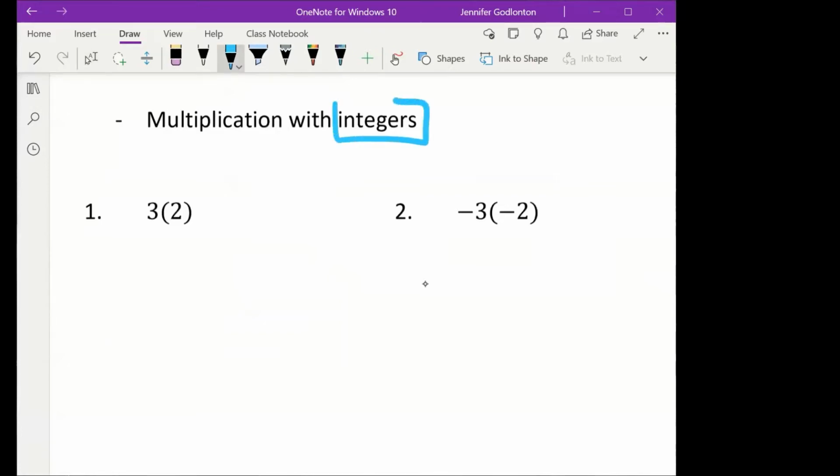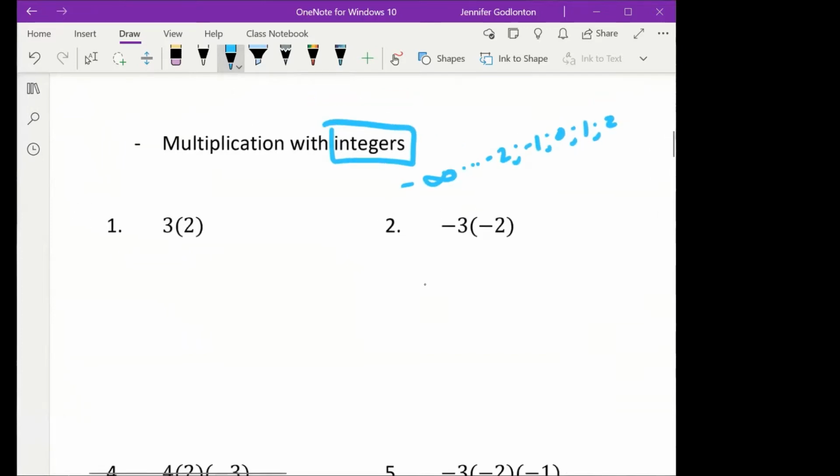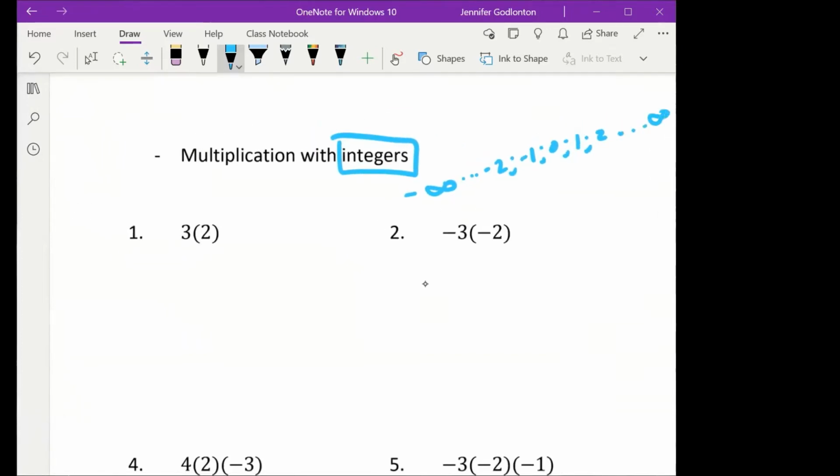Integers, just in case anyone doesn't remember, are all of our negative numbers, which goes all the way to negative infinity, 0, and all of our positive numbers, which goes all the way up to positive infinity. There are actually lots of different infinities, but for the moment, let's just say negative and positive.